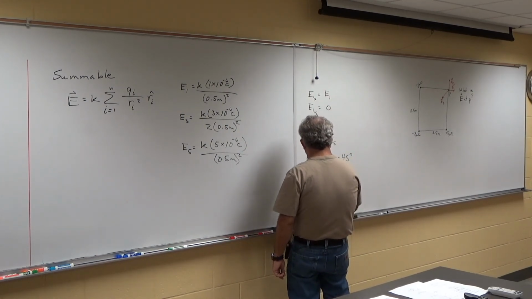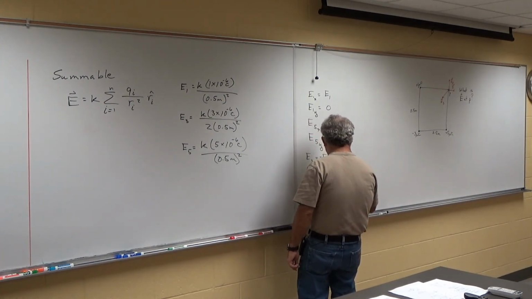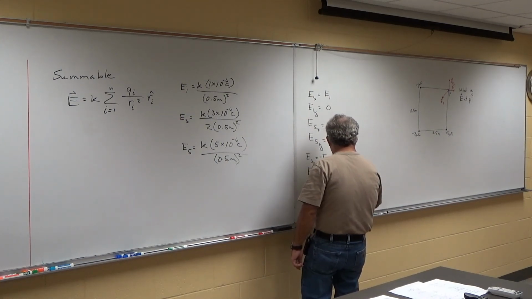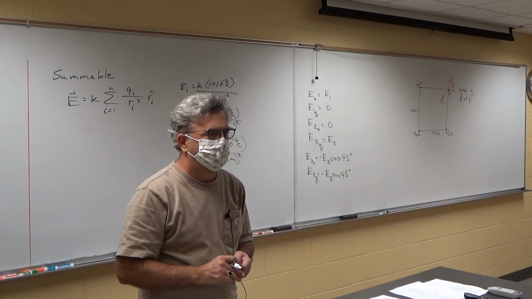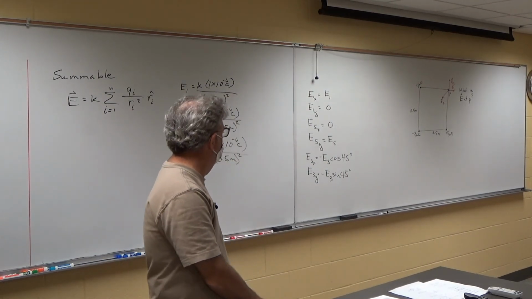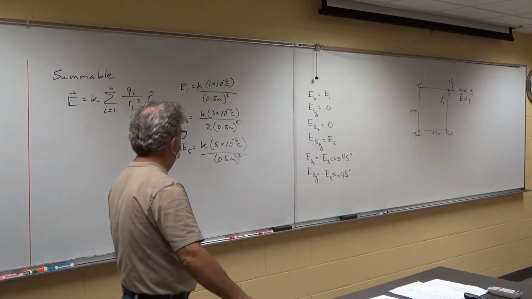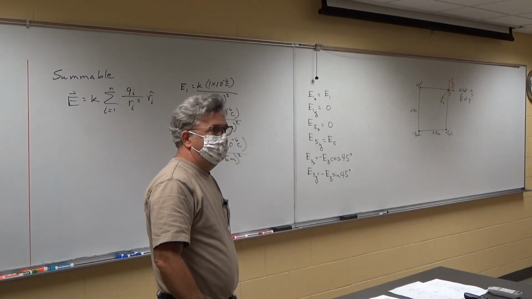And E3y is equal to negative E3 sine 45. You see what I mean? Just add them up like we always do, vectors. They're summable.